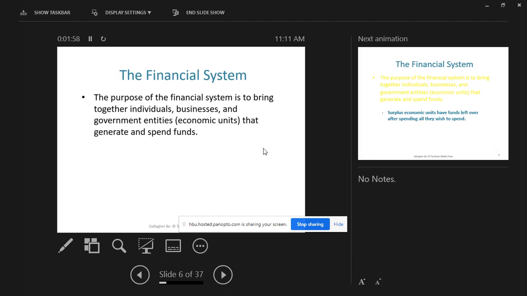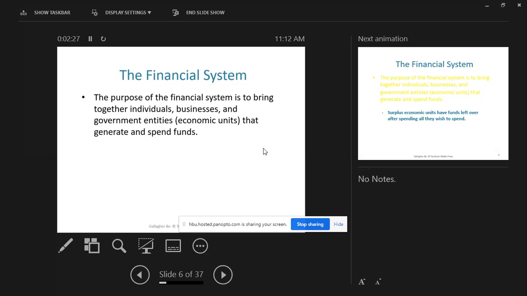And for government entities, another course is called public finance. If you're interested, you might find a book or lectures about public finance. It's a little bit different. Each area is different.